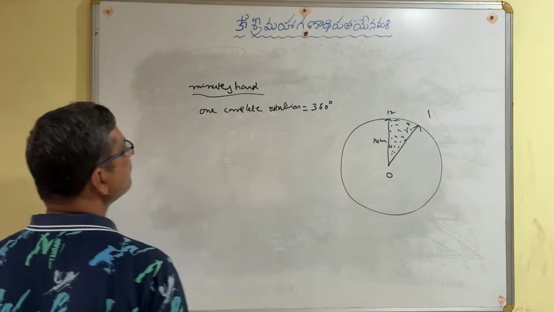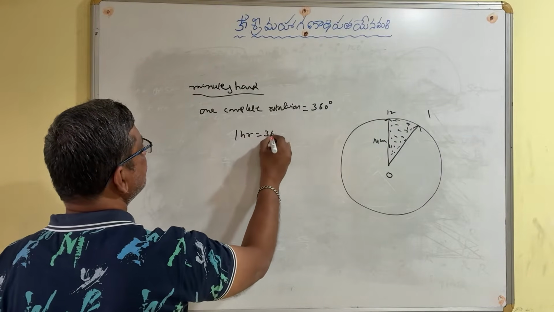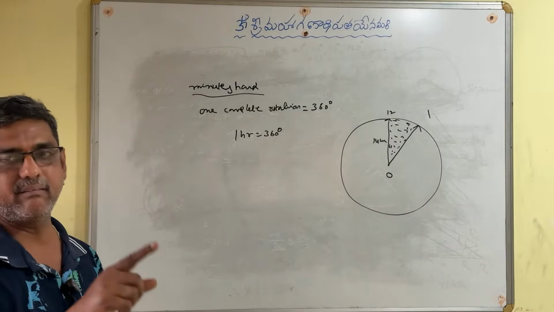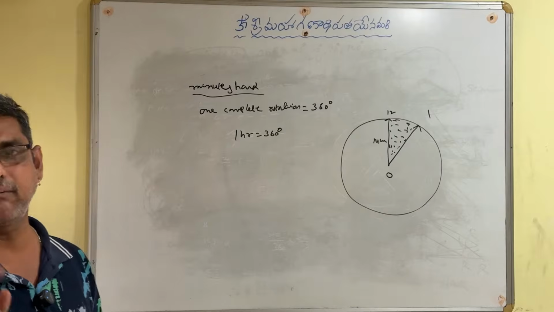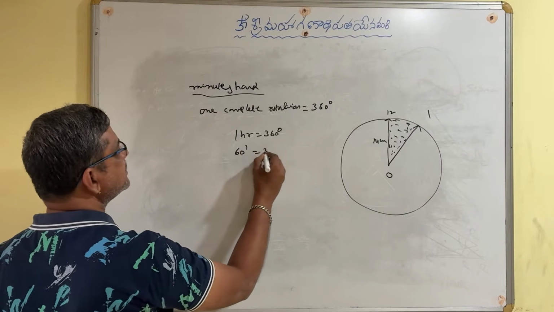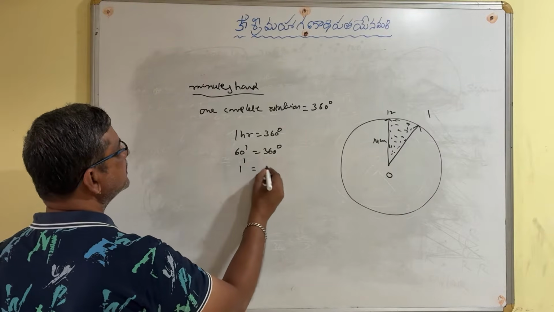That means one complete rotation means 1 hour. One hour is 360 degrees. That means 60 minutes is 360 degrees. Then 1 minute is 6 degrees. Is that right?